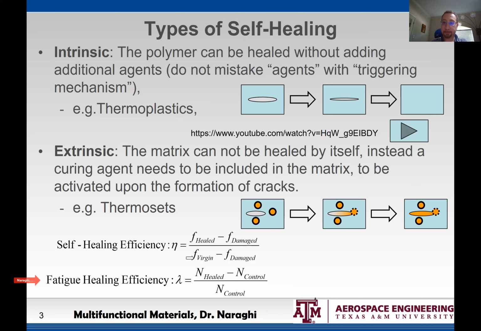So, for instance, imagine in this case, I measure a certain strength in the material. I call it F virgin.